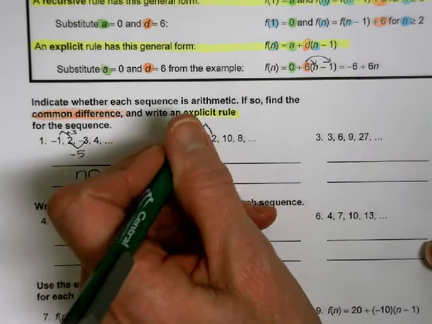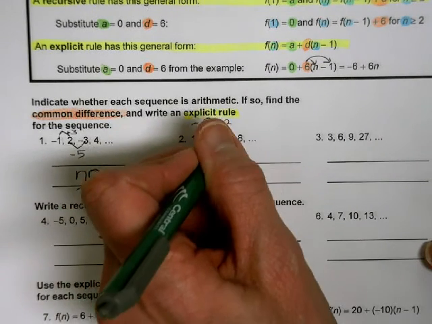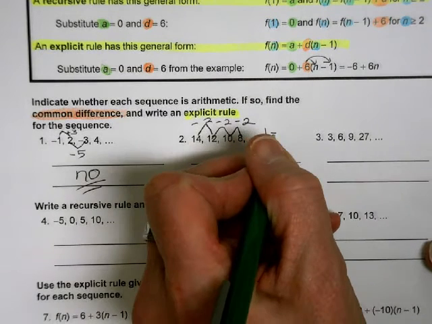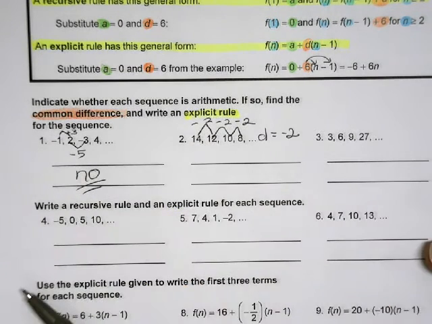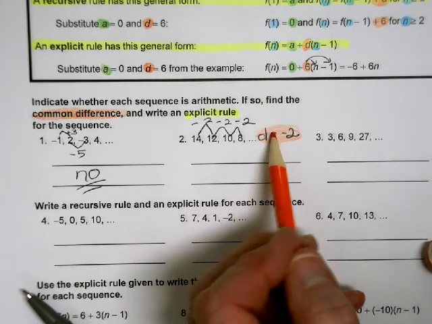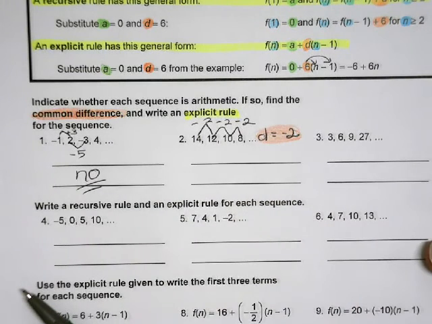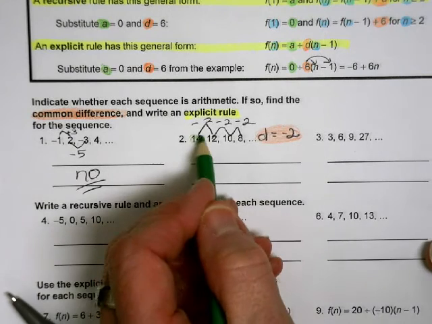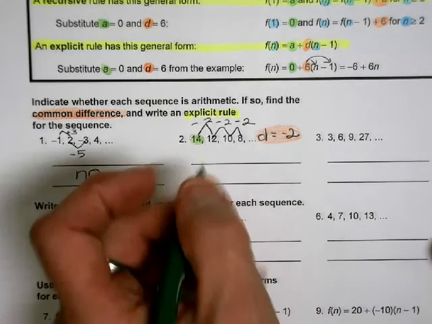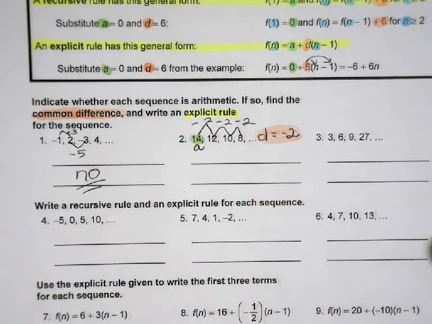Okay, -2, -2, -2. So from the information they gave me, I see that D is a -2. A is 14.